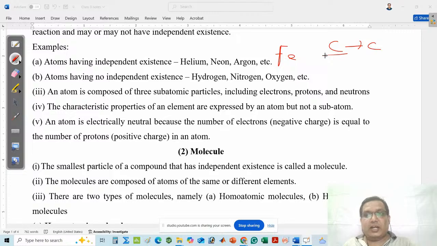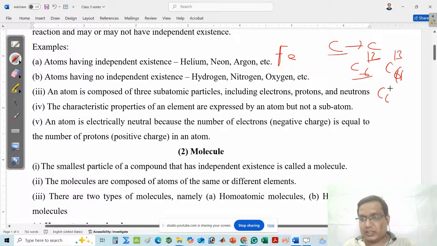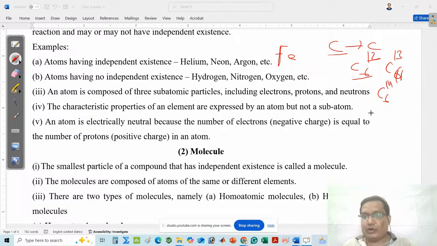Look, you know that carbon has different types of isotopes, that is C6 12, C6 13, C6 14. These are the isotopes of carbon. Here the numbers of electrons, protons, and neutrons are different.